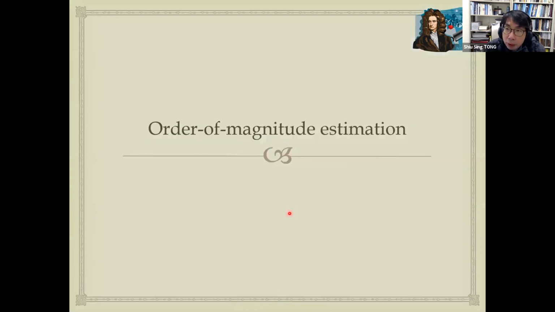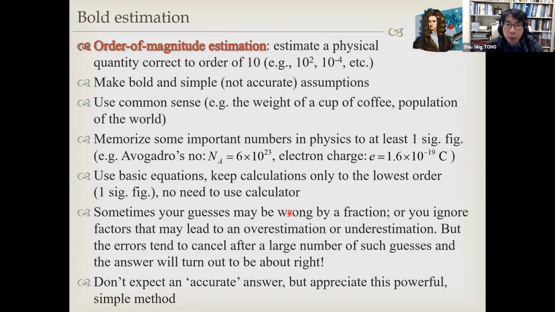Now we are going to teach you something new, and that something new is called order of magnitude estimation. What is order of magnitude estimation? This is a method for us to estimate the value of a physical quantity correct to the order of 10. So what is the order of 10?